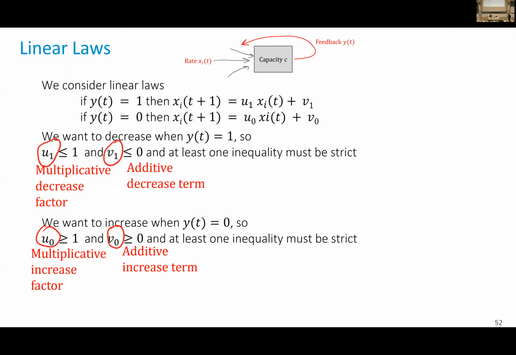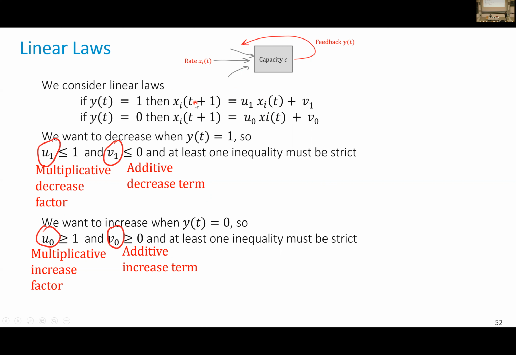Now, if we want to do things simple, then we use linear laws. So at this time here, the idea was to explore the set of controls that have this form. I have a rate here at time t. Time is discrete to simplify. One is one time unit, so one round trip if you want, for this system.